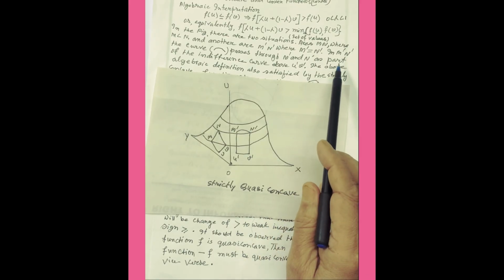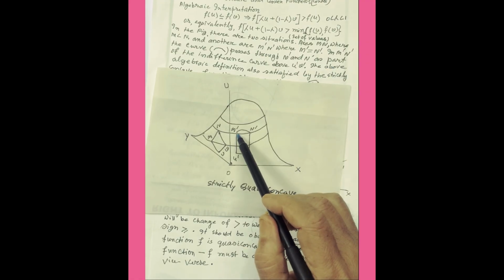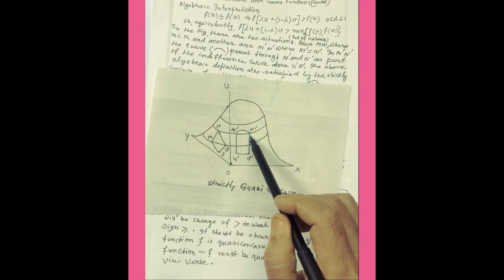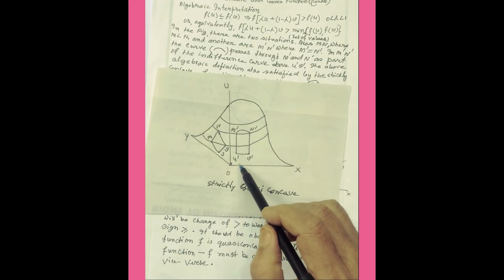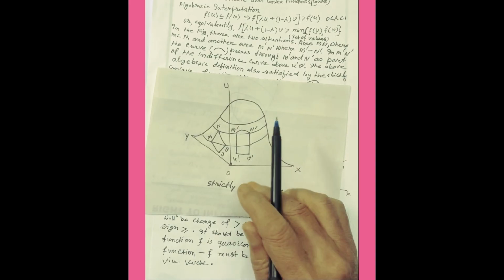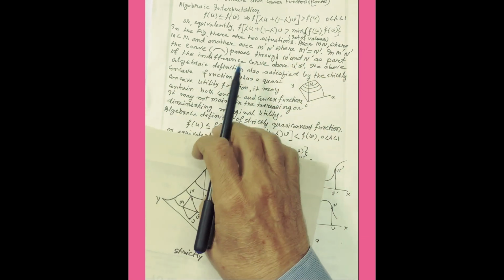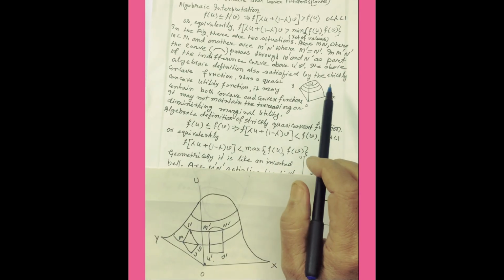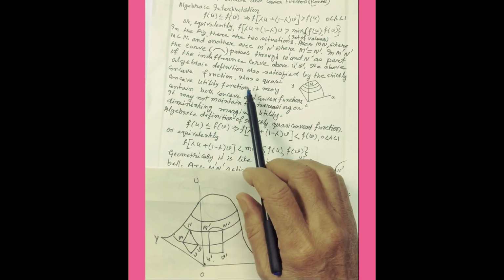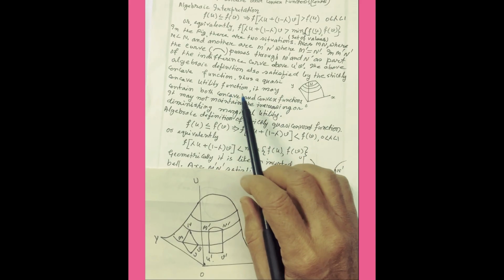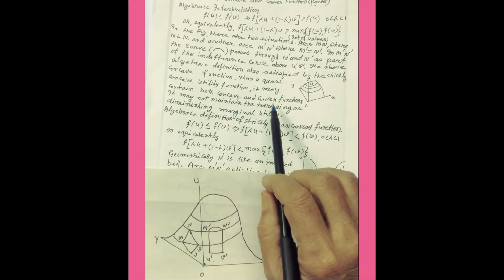So this arc is considered as part of the indifference curve above u prime v prime. The above algebraic definition is also satisfied by the strictly concave function. Thus a quasi-concave utility function may contain both concave and convex functions.